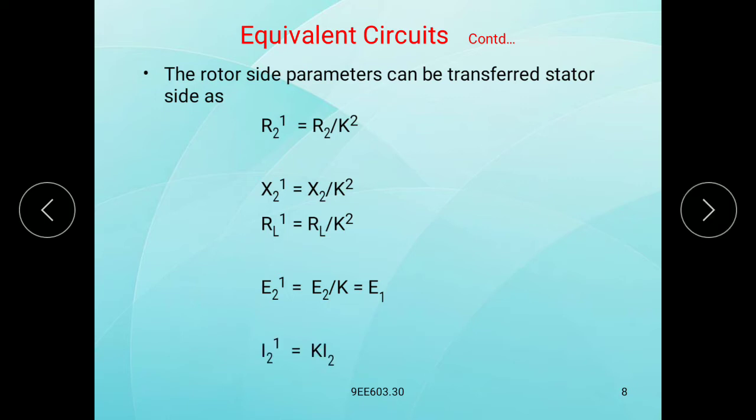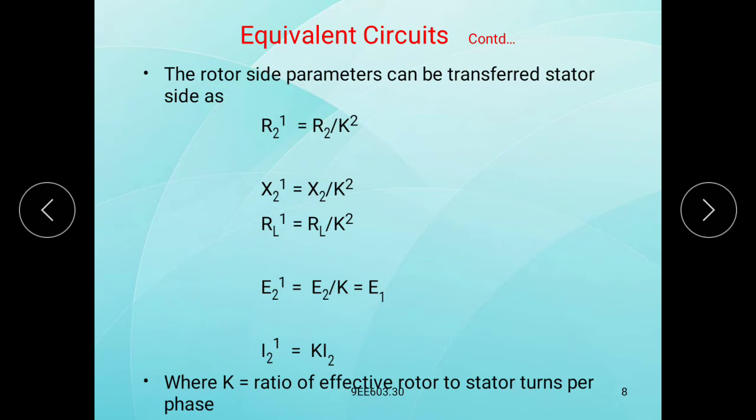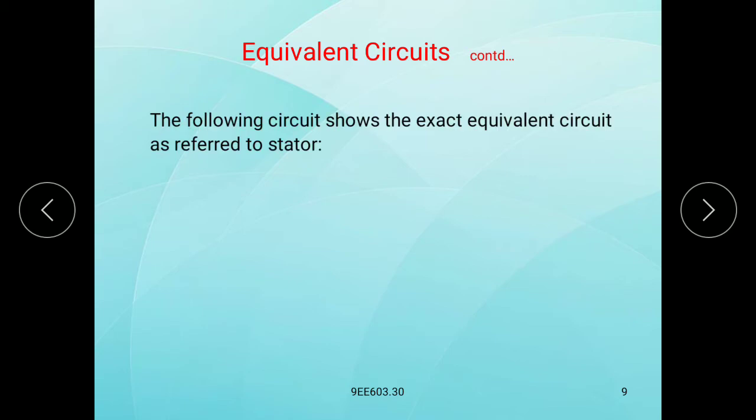I2 dash = K I2, where K is the ratio of effective rotor to stator turns per phase. The following circuit shows the exact equivalent circuit as referred to stator.